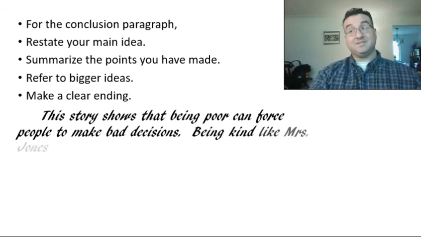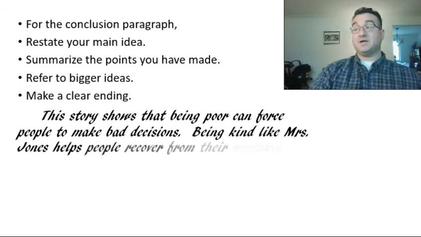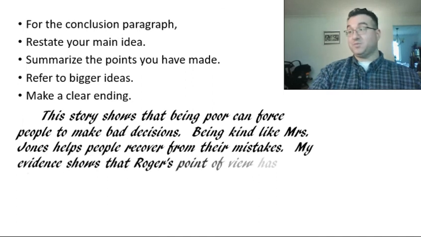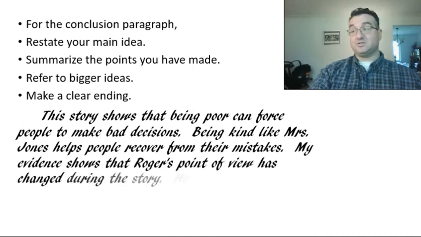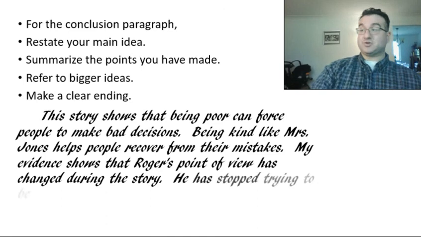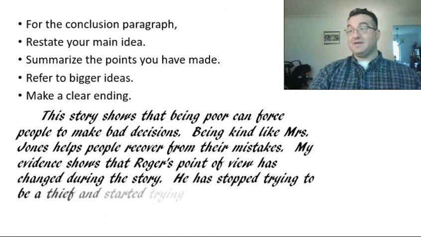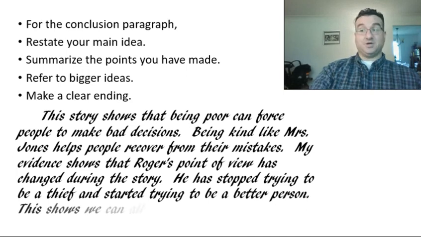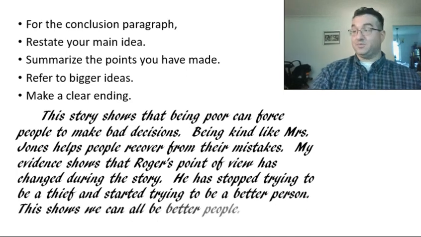Being kind, like Mrs. Jones, helps people recover from their mistakes. My evidence shows that Roger's point of view has changed during the story. He has stopped trying to be a thief and started trying to be a better person. This shows we can all be better people. That's one possible example of how you could make a conclusion paragraph.